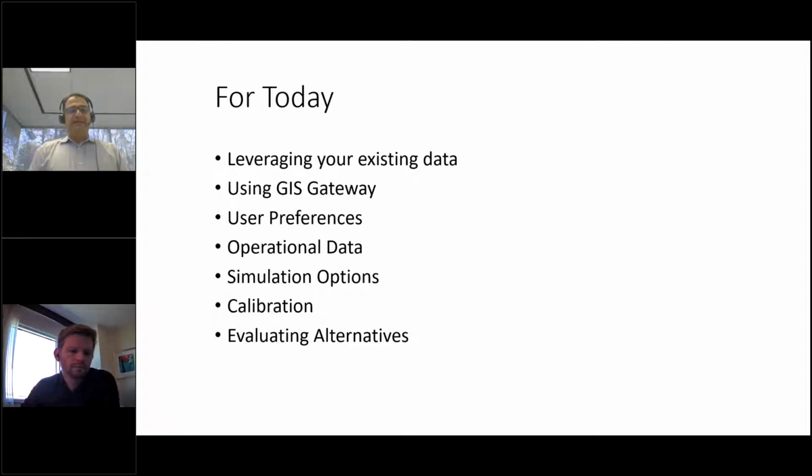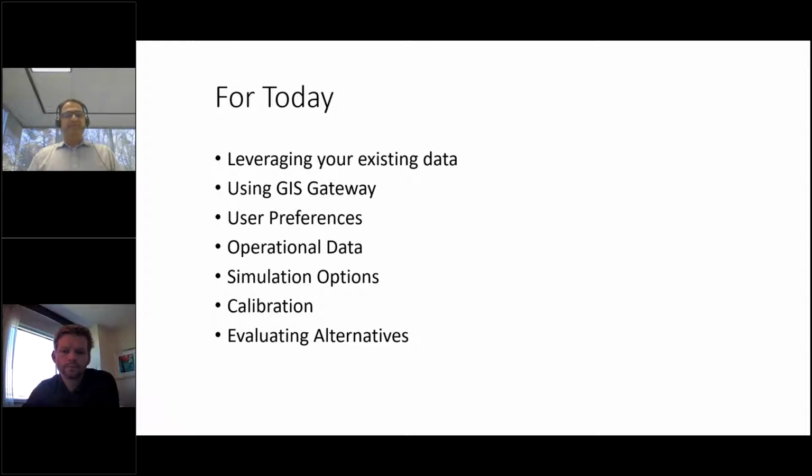For today, we're starting always with leveraging existing data. What data do you have, and where do you start? What do you do before you even start building your model? Some thoughts on that, some best practices. Using the GIS Gateway within InfoSWM, which we have found very helpful.